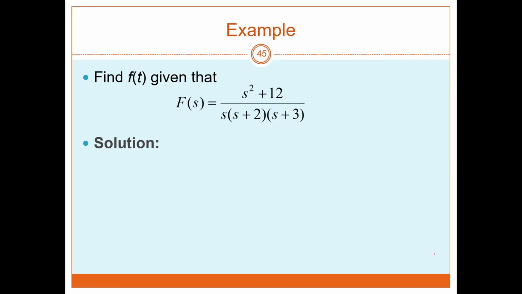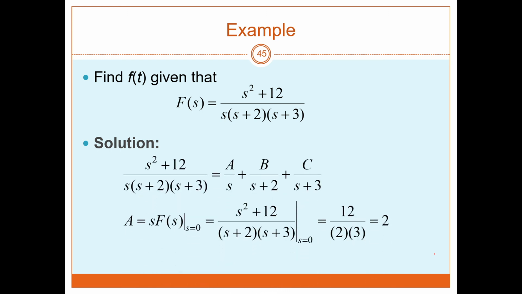Okay, second one, if we have s squared plus 12 divided by s multiplied by s plus 2 multiplied by s plus 3. Again, we have to make a partial fraction: A divided by s, B divided by s plus 2, and C divided by s plus 3.